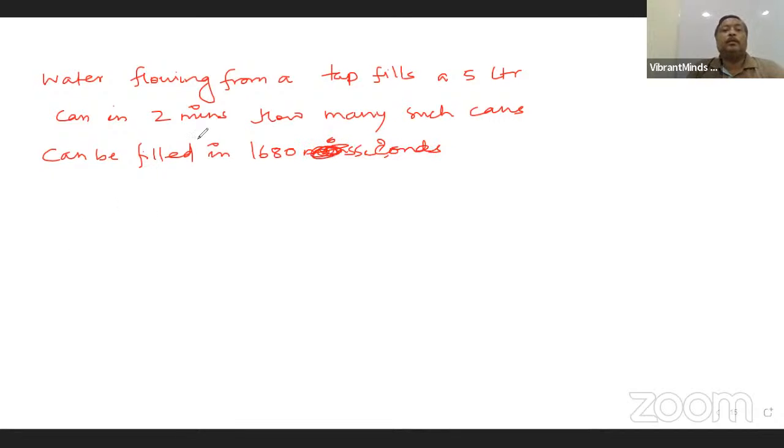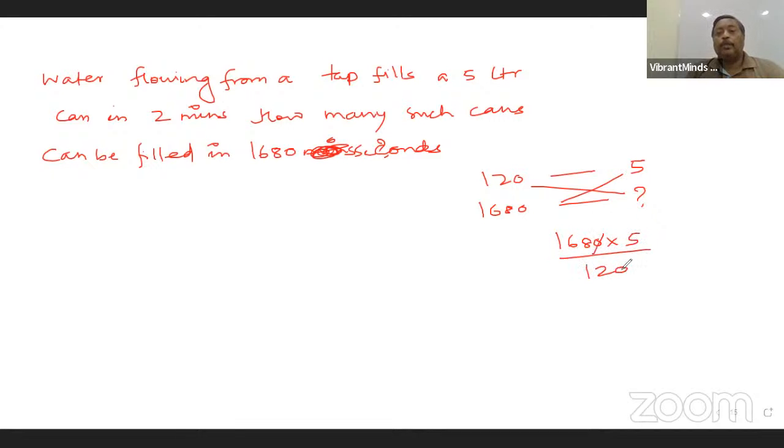1680 seconds. So in 120 seconds, 5 liters. So in 1680 seconds, cross multiply. And it will be 1680 into 5 divided by 120. So let's go. Okay. And 12.